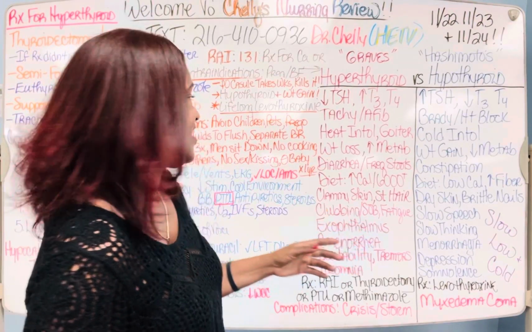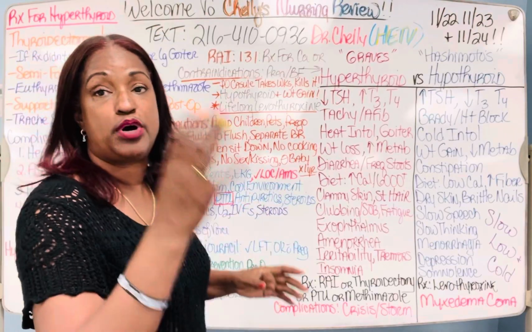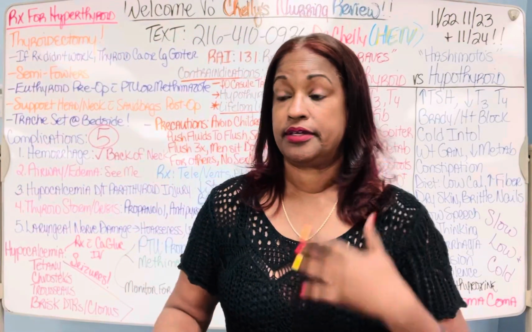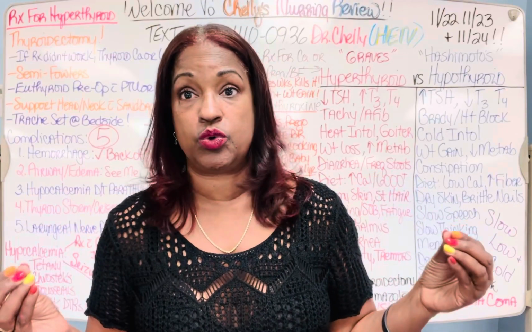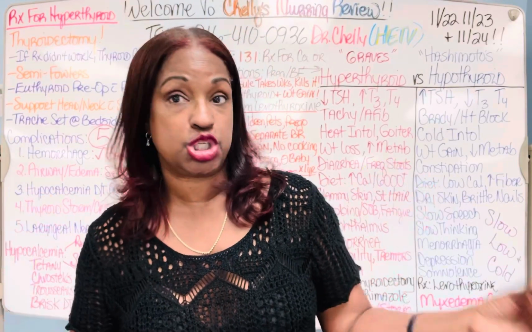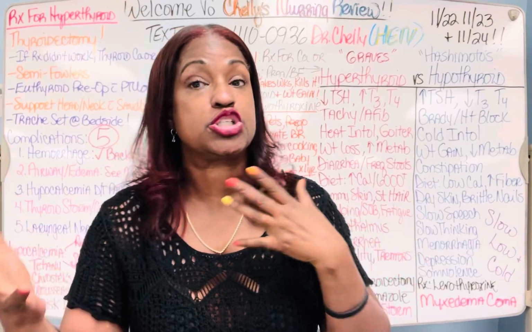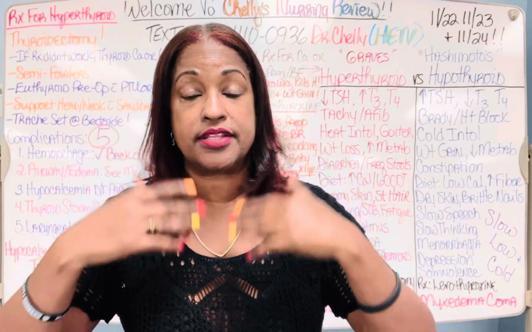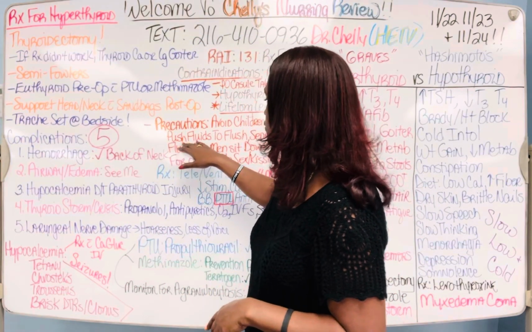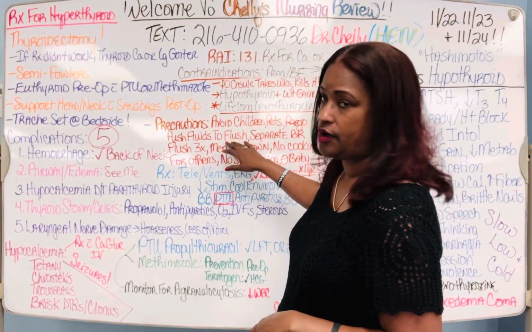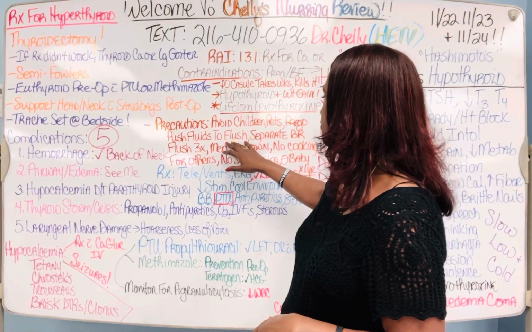Common sense, right? We want to push fluids. Like, we like to drink a cup or 2 every 1 to 2 hours. So push fluids, just keep pushing fluids, getting this radioactive material out of your body. So push fluids to flush the radioactive material out.